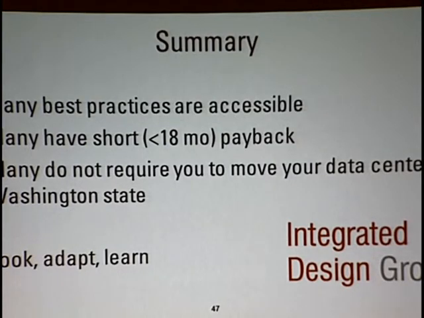A lot of them have short-term payback, even if you don't move your data center to Washington State or Nebraska. I can't imagine why they're putting them in North Carolina. Well, because of tax incentives, right? It's total cost of ownership that really matters. So if you take those lessons from the internet superstars and look at what you can implement, you'll find there's quite a bit, and the paybacks will be quite good.